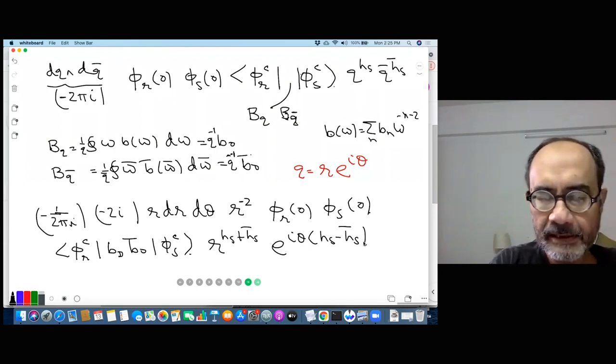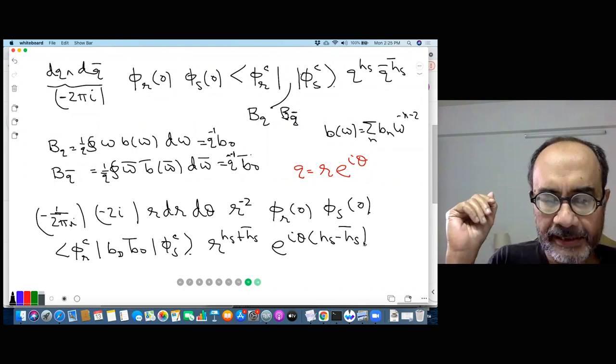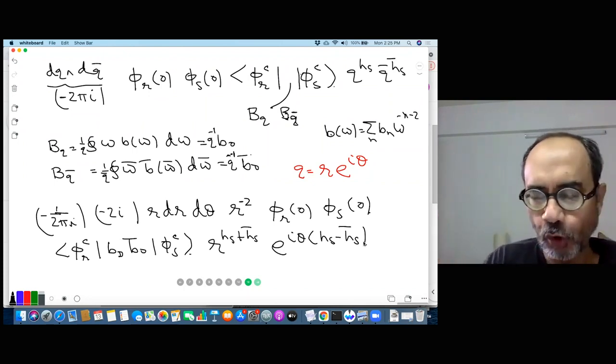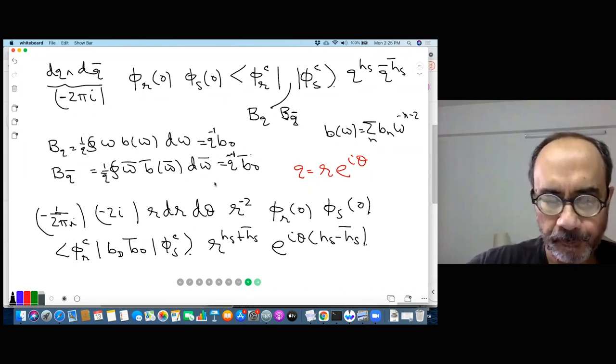Are there questions? So this is multiplied by the integration measure everywhere else, the rest of the integration measure that comes from the original two Riemann surfaces. But those don't know about r or theta, that means those don't know about q and q bar. So the r theta dependent part is purely in this formula over here.